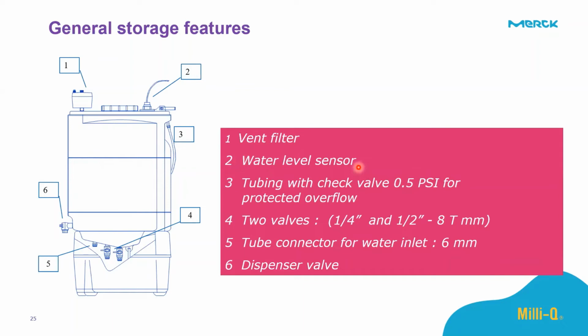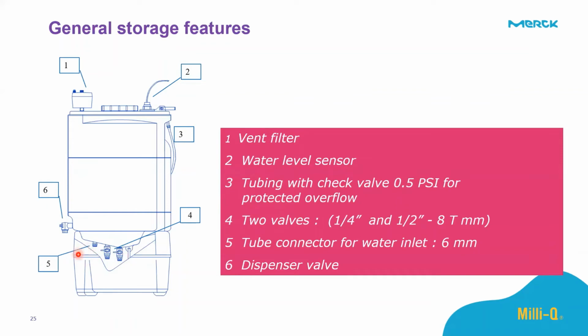Of course, the level sensor speaks to the system, either to fill or to stop filling the tank. We normally have also the check valve to protect against overflow, and the two valves down here are basically for distributing water where the customer needs it.